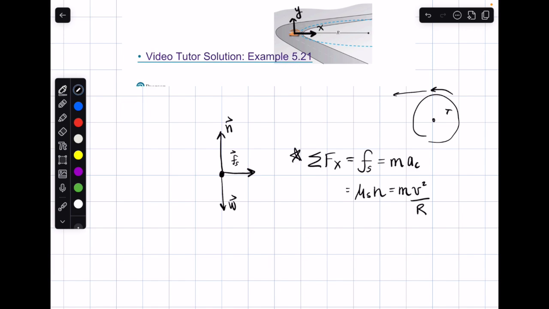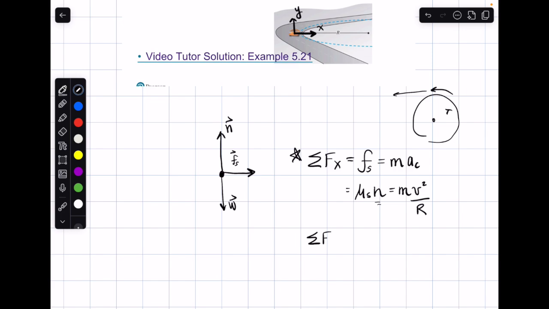So the frictional force acts as that string that is responsible for keeping the car on the circular path. So that frictional force must equal the centripetal force. Now when we look at the y direction, we can use that to find the normal force. So we can solve for v.